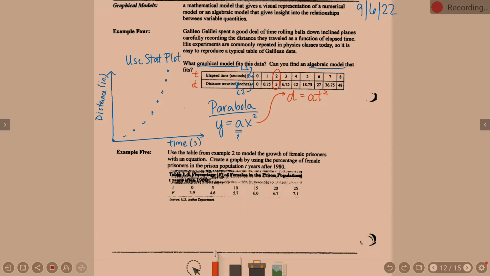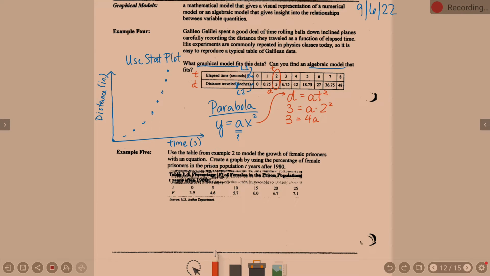So let's throw our values in. What's our d value? 3 equals a, which is what we're trying to find, times t squared. What's t? 2. So 3 equals a times 2 squared. Do some math. 2 squared is 4. 4 times a.